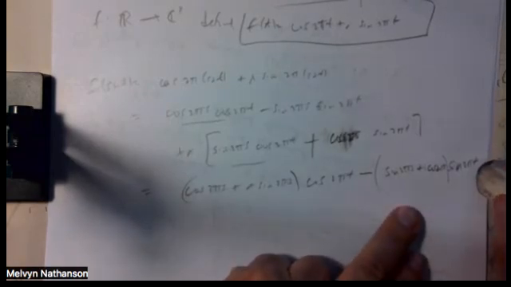Just double check if I do all this again. Sine of 2 pi s plus t is sine 2 pi s cosine 2 pi t plus cosine of 2 pi s sine of 2 pi t.